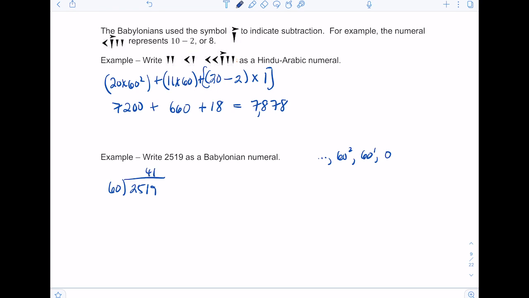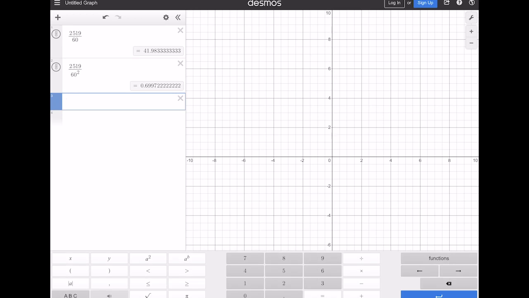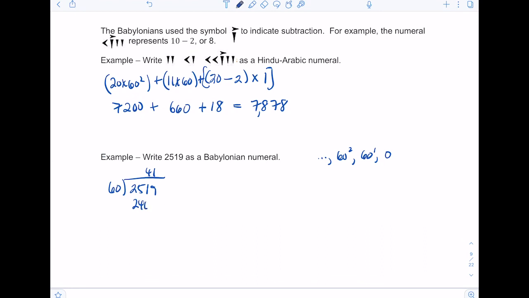When I multiply 41 times 60, that gives me 2460. I know that I didn't go over because I can subtract and I still have a remainder. 9 minus 0 is 9, 11 minus 6 is 5, so that's 41, remainder 59.